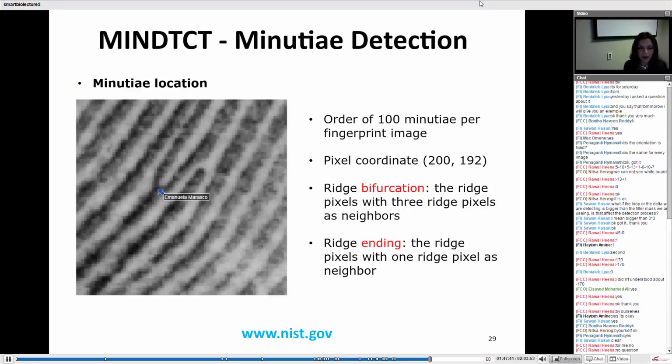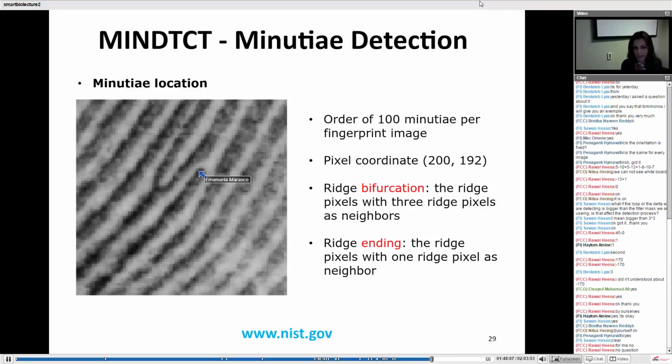So the ridge pixel with 3 ridge pixels as neighbors, like black pixels, is a bifurcation, or we have a ridge ending when the ridge pixel, for example in this case, has only 1 ridge pixel as neighbor.